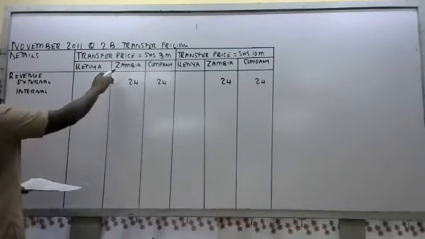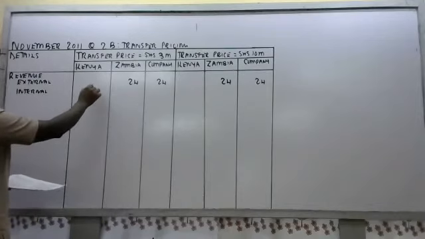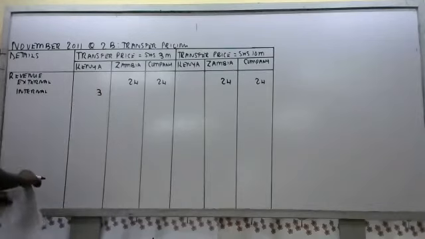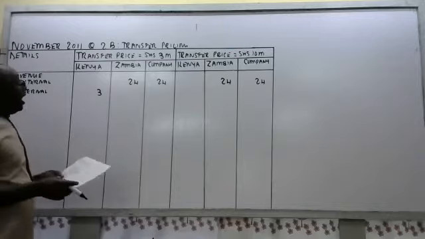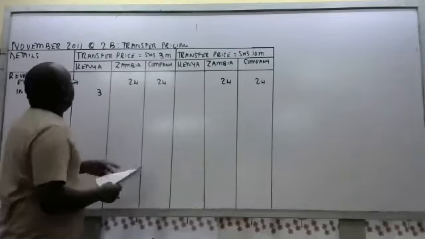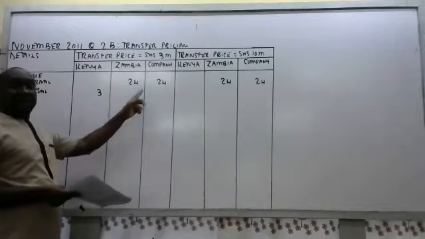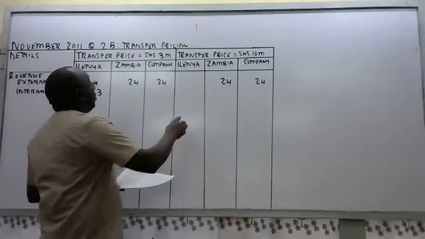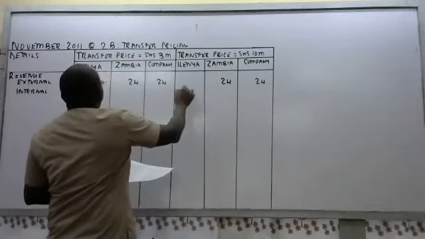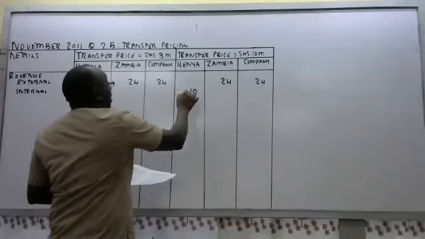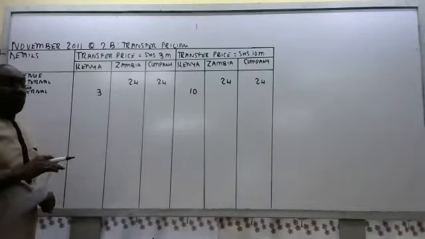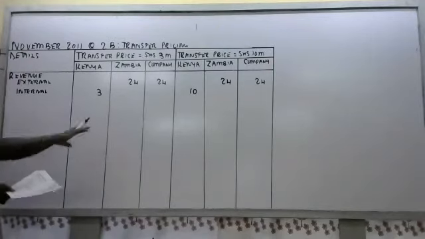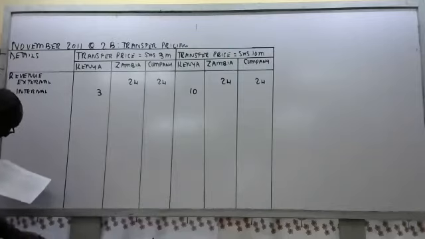So when we charge at 3 million, Kenya will record a revenue of 3 million, and this revenue here does not affect the company. Then on this side, when we charge 10 million, Kenya will record a revenue of 10 million, and it does not go to the company.